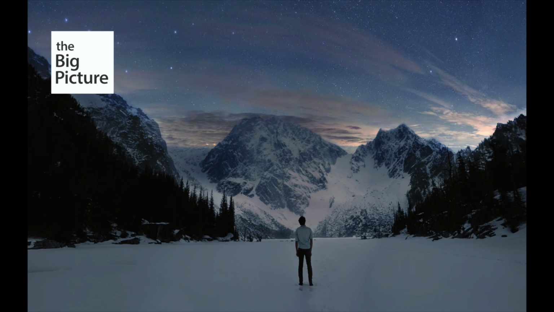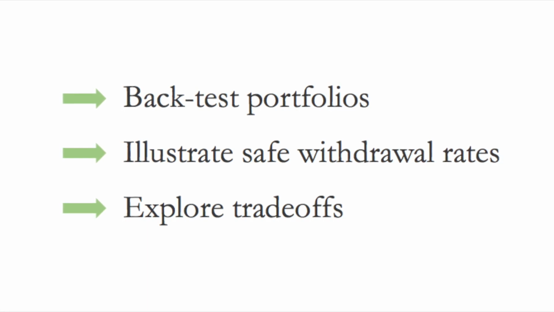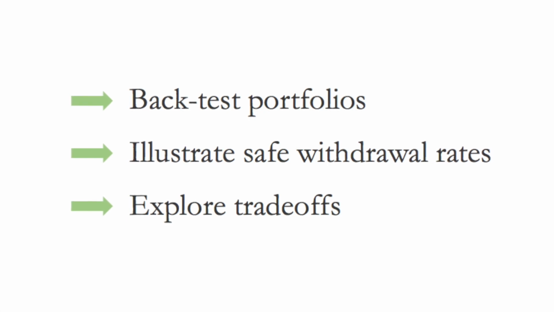The Big Picture app sheds light on mountains of historical investment data. And while it's easy to use, people are curious how exactly it works and what exactly it's telling us. Simply put, the software allows you to build the retirement portfolios of your choice and backtest them over hundreds of rolling historical periods.